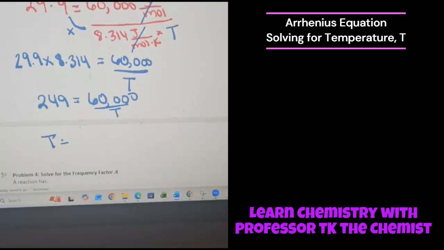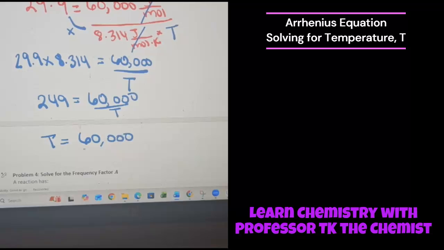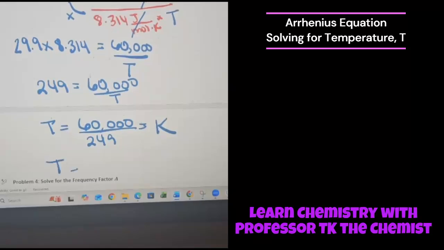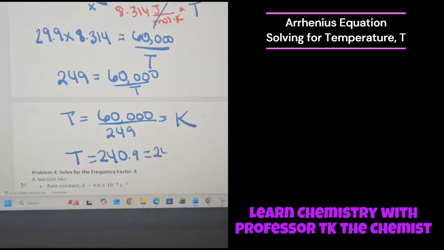So you're going to basically say T equals 60,000 divided by 249, and that gives you your answer in Kelvin. Okay? So 60,000 divided by 249, and I get 240 Kelvin. Yeah, you can say 241. Yes, 241.